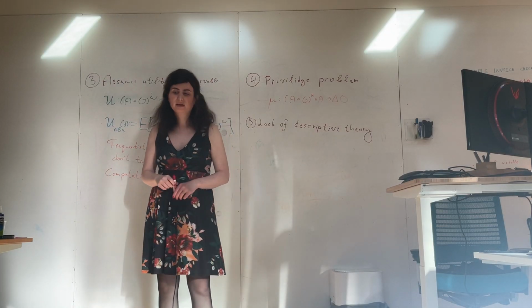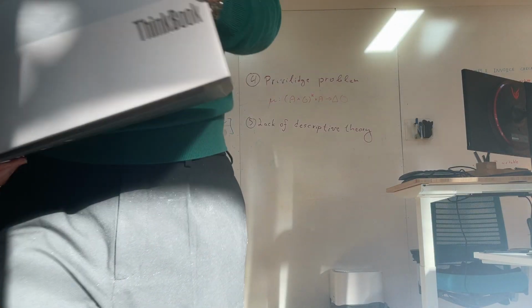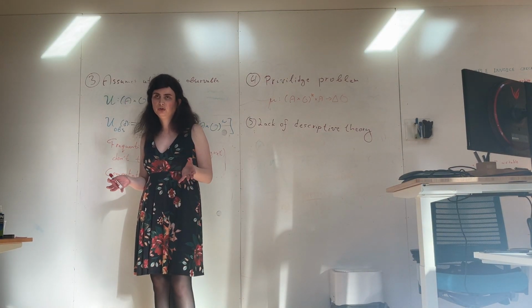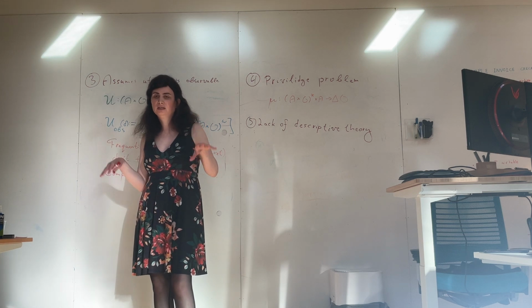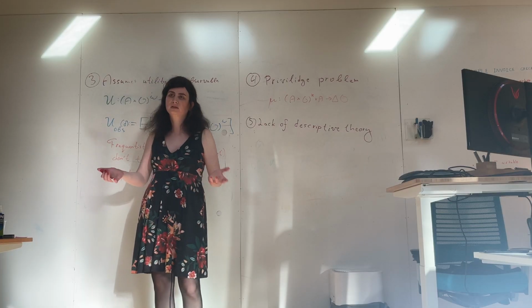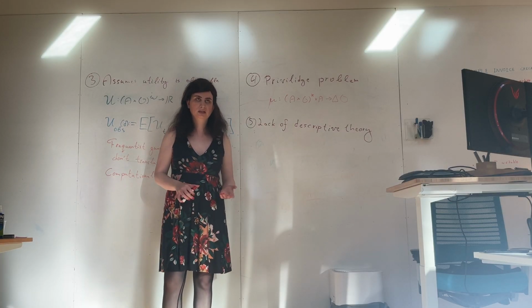The descriptive theory thing is that the AIXI side is in some sense a very prescriptive perspective. It tells you, if you want to have an agent, then this is what you should do. You need to maximize expected utility, and that's your agent.